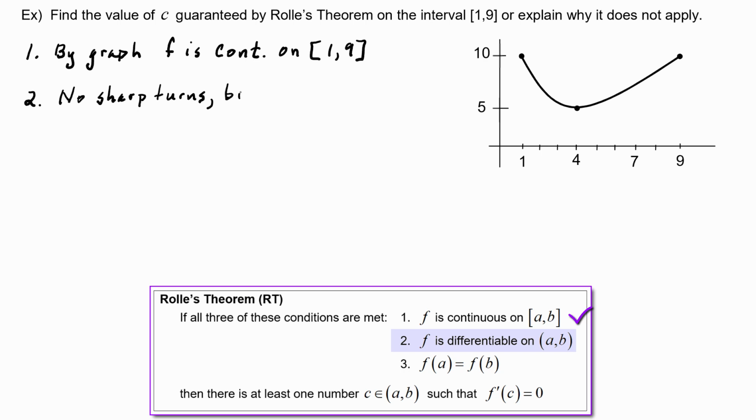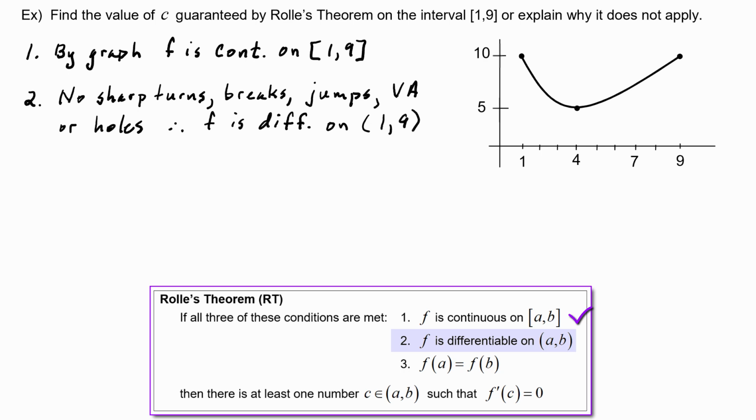breaks, jumps, vertical asymptotes, or holes. So therefore, f is differentiable on the open interval from 1 to 9.